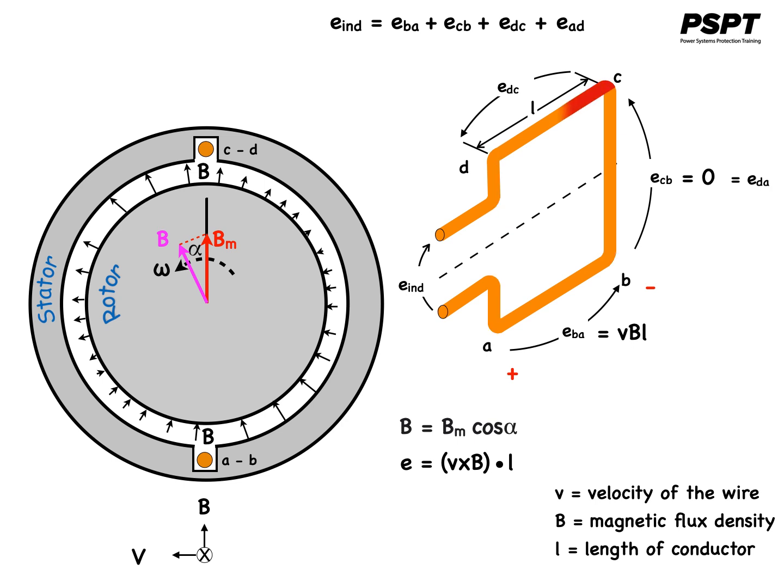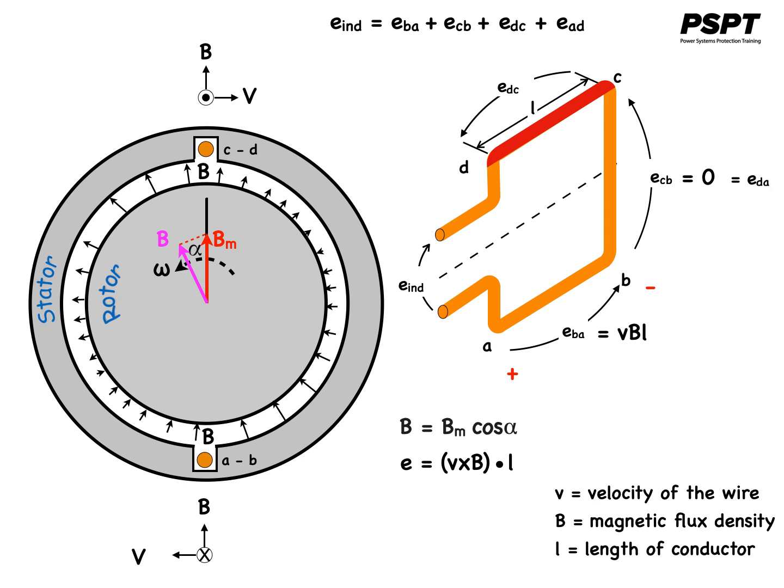Now for segment CD, assuming that B is directed radially out from the rotor, the angle between V and B in segment CD is 90 degrees, while the quantity V cross B is in the direction of L, so the voltage E subscript CD, given by the equation V cross B dot L, is just the magnitude of V times the magnitude of B times the magnitude of L directed out of the page.